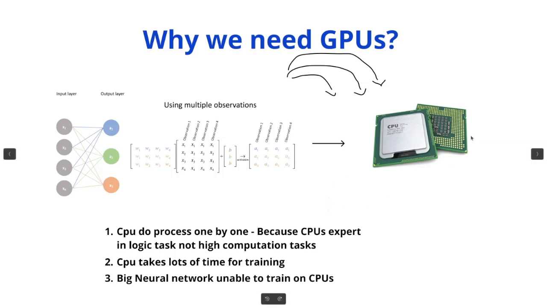This CPU is great at doing logical tasks, like very logical computations, running the software, running the threads in the background, running different software, etc. As you can see, the CPU processes one by one because the CPU is an expert in logical tasks, not high computation tasks.